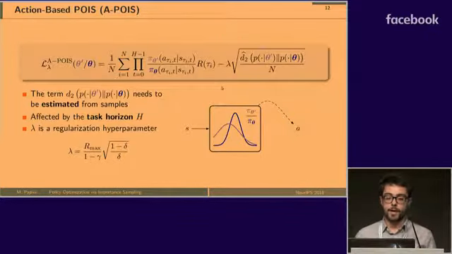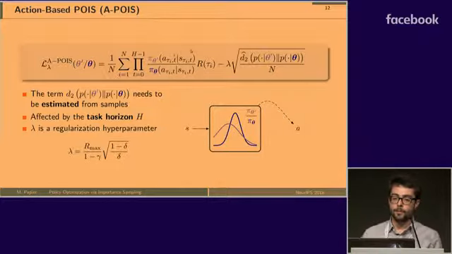If we apply POIS to the action-based paradigm, we have to compare distributions over trajectories, and these, in general, are intractable. Although we can easily compute the importance weights as products of policy ratios, the Rényi divergence between the distributions must be estimated from data. Moreover, this penalization is amplified by the length of the trajectories, that is the horizon of our task.